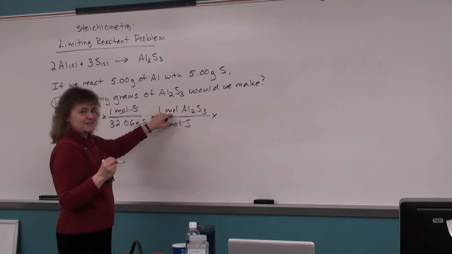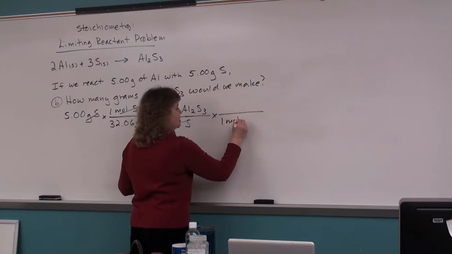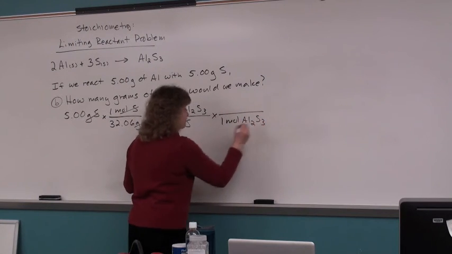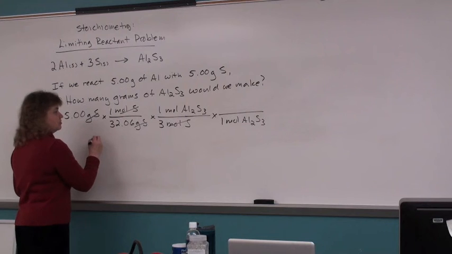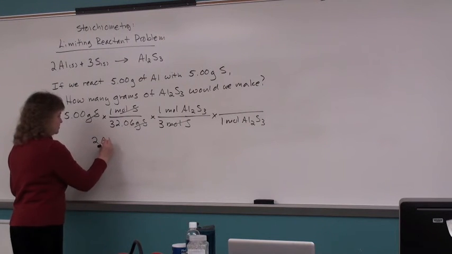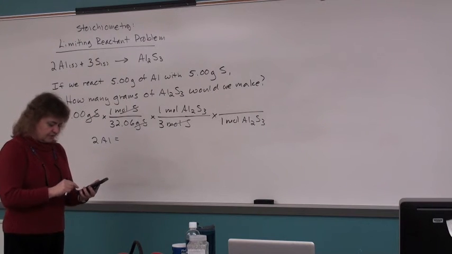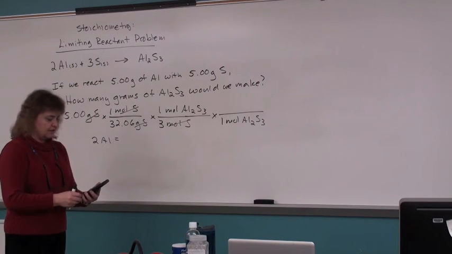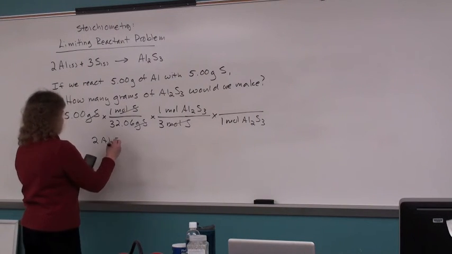But now I've got to add this up because I want to know how much 1 mole of Al2S3 will weigh. So back to my periodic table, I'm going to do 2 aluminums. So in my calculator, I do 2 times 26.98, and that's 53.96.